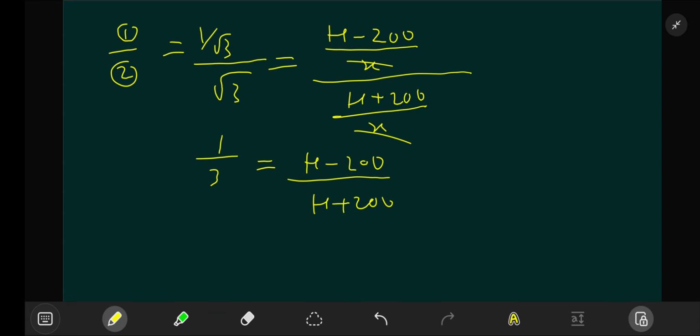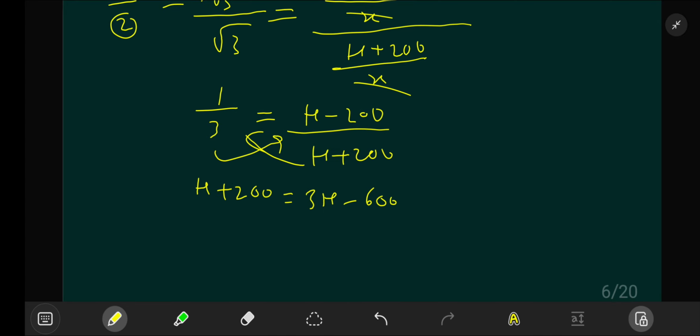Now send this to the left hand side and 3 to the right hand side. H plus 200 is equal to 3h minus 600.